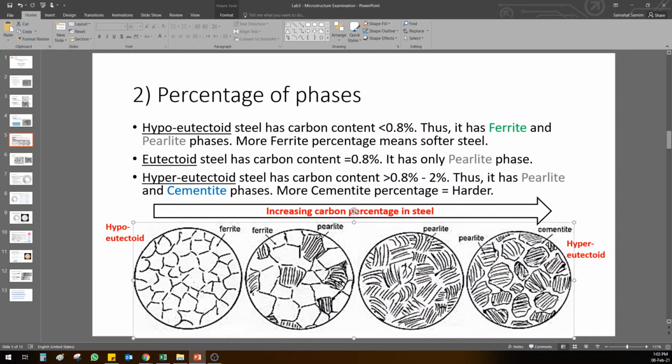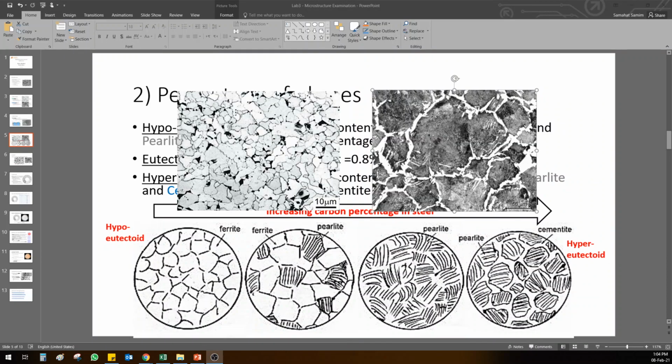Okay, let me give you actual microstructures as examples of these, and let me paste them on this slide. Okay guys, here I have one microstructure on my left side and another on my right side. What is the percentage of each phase in the microstructure on the left side?